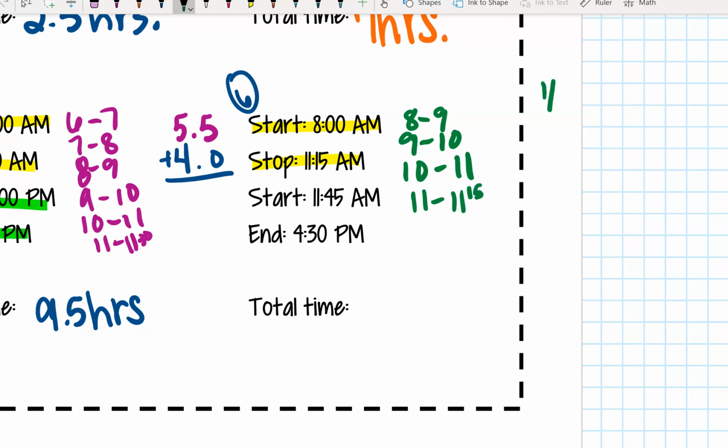So remember we talked about the 1/4 of an hour equals 15 minutes. What is 1/4 as a decimal? 0.25. Okay, so when you write your 15 minutes, when you go to add them and combine them to something else, you'll use 0.25.